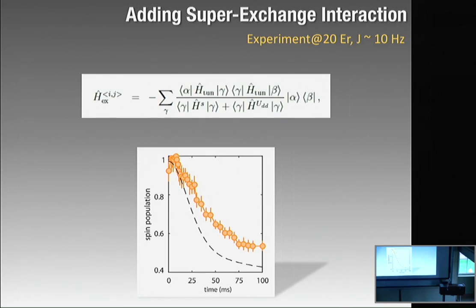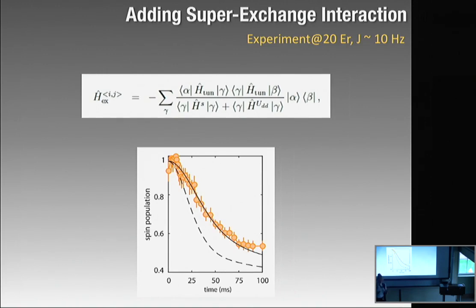So now you have direct exchange interaction due to the dipolar interaction and virtual exchange interaction given by the superexchange. These two terms can compete against each other and slow down the dynamics, for example. Or you can even design a situation in which they help each other to speed up the dynamics. By including this, we see a very nice agreement between the theory and the experiment, not only at short range but also at 100 milliseconds, which is pretty amazing.